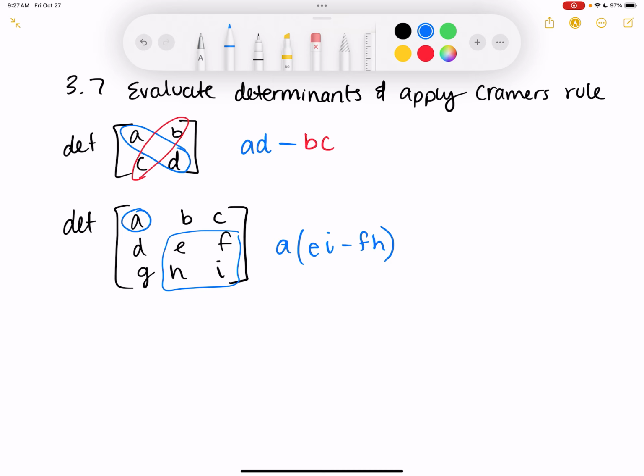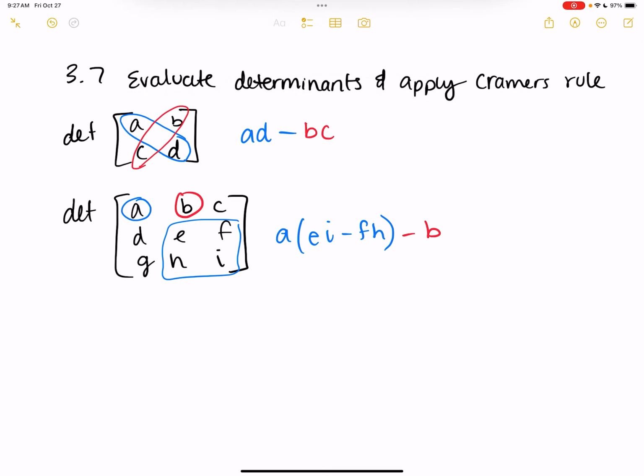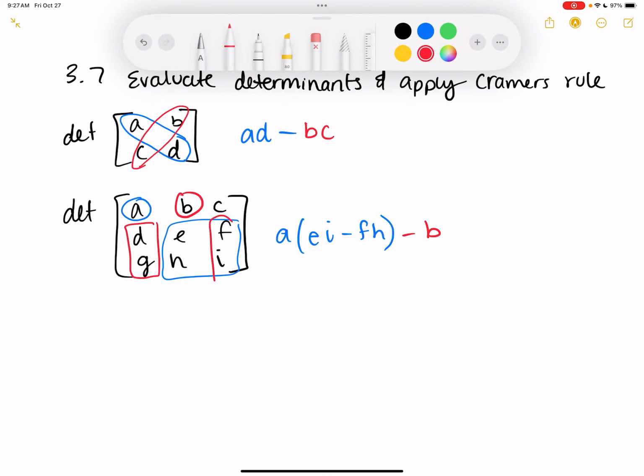then minus B times, we basically cover up everything else in that column, so we're taking the determinant of these things that I've boxed in red, so times DI minus FG, and then plus.